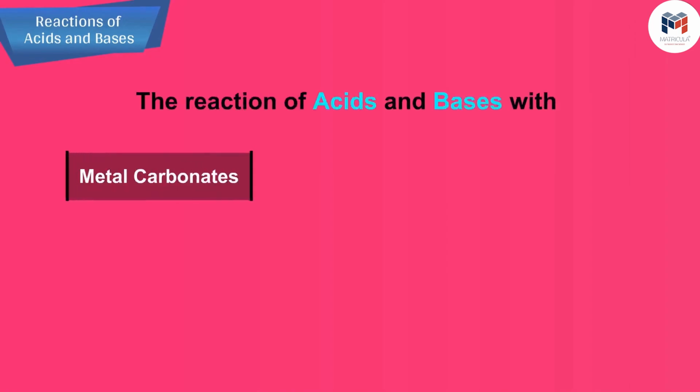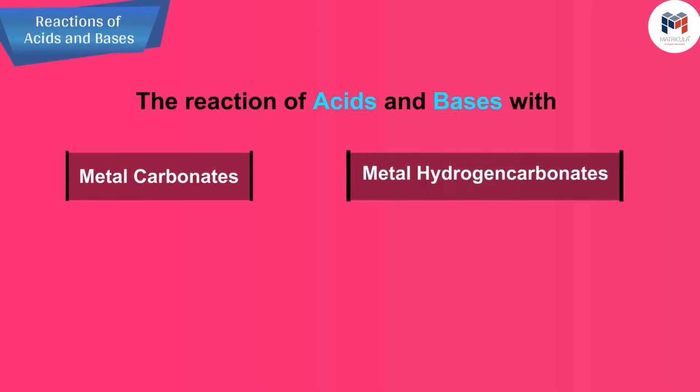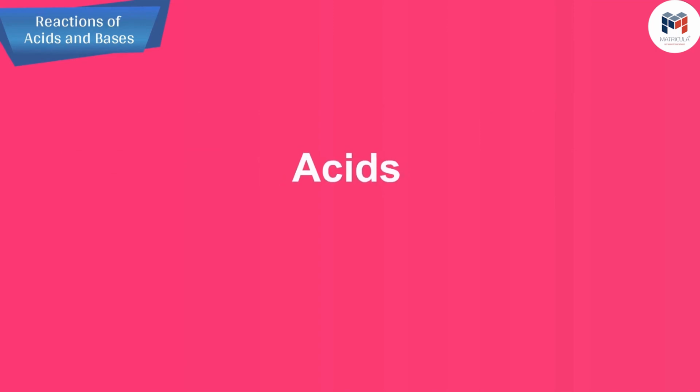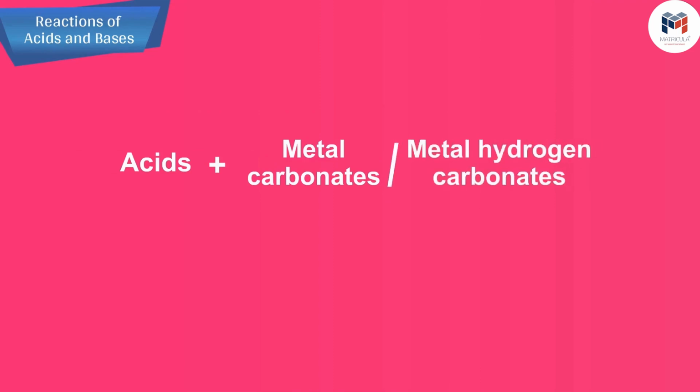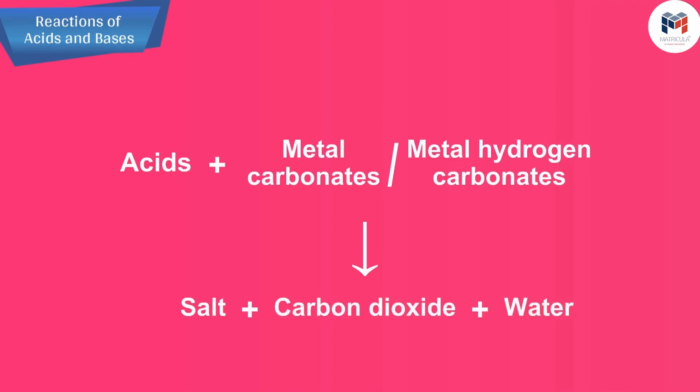Let us now move ahead and discuss the reaction of acids and bases with metal carbonates and metal hydrogen carbonates. First, we will discuss acids. So, acids react with metal carbonates and metal hydrogen carbonates to form salt, carbon dioxide, and water.